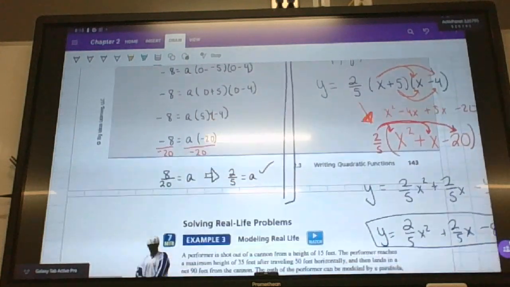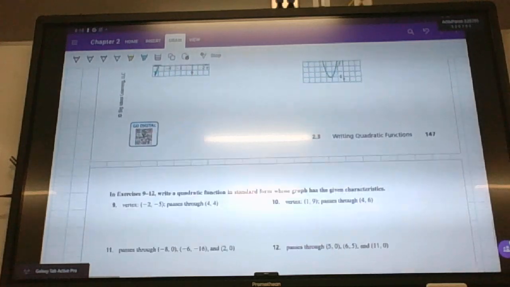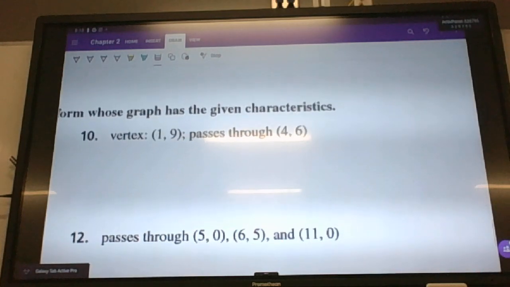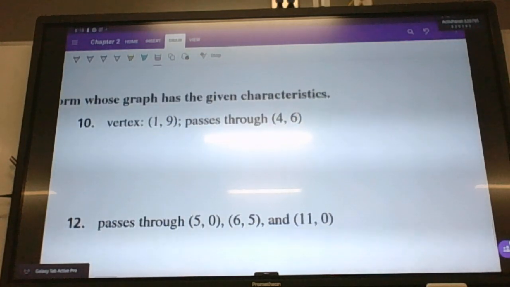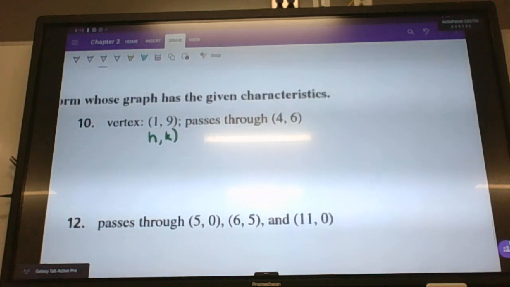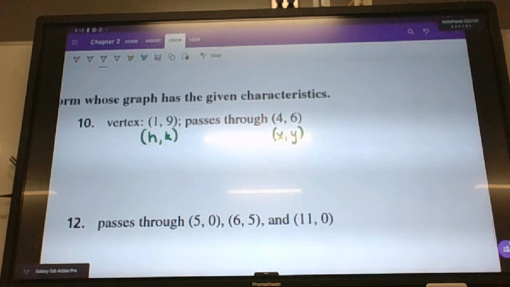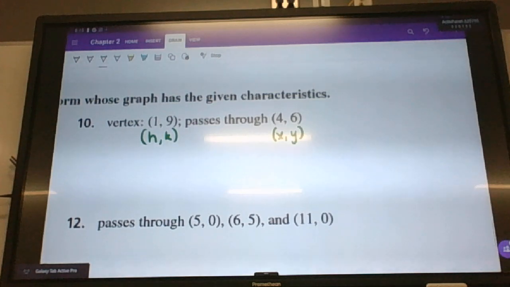All right, so here I go, number 10. And all your keys are presenting this a little differently.